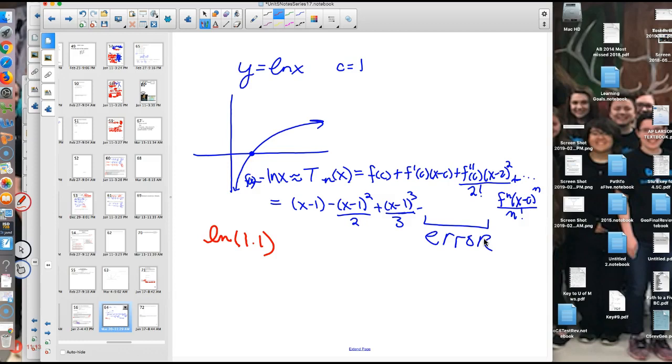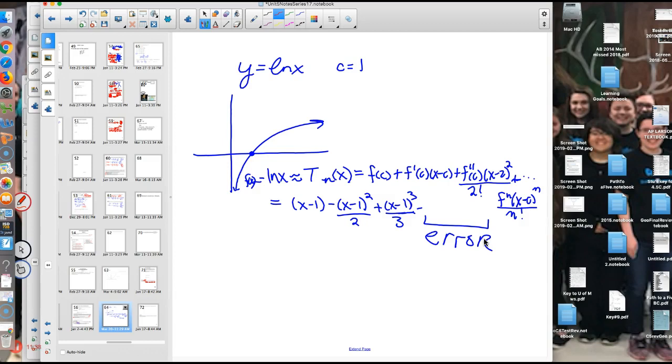Agreed? If I used it to do ln 5, that would be 4 squared. What's happening to my error? It's getting larger and larger. So for this function, as I veer from the center, it's getting pretty bad. And that's where the interval of convergence comes in. How far out can I go and have it be good? So we'll get that in just a second.